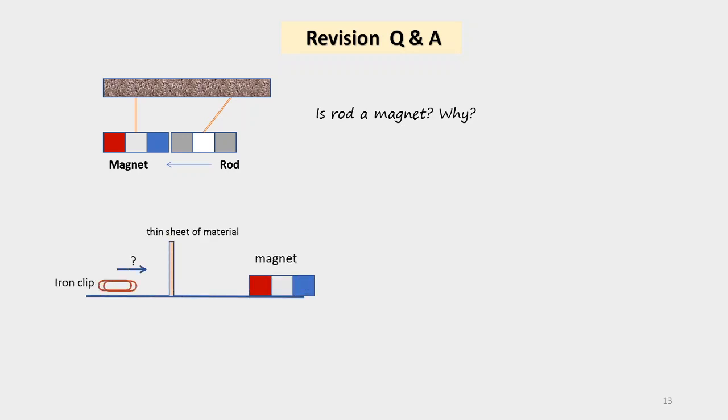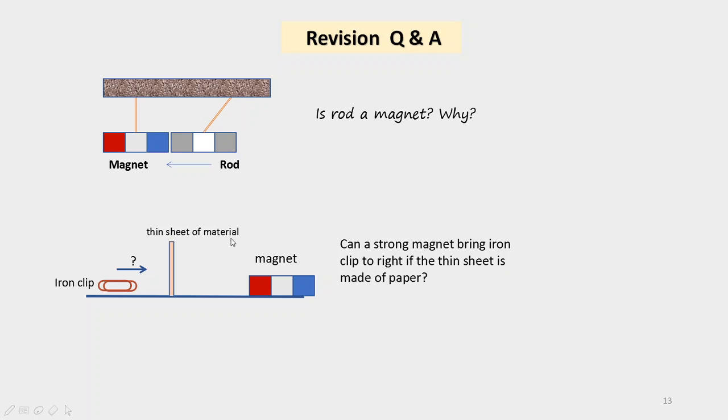Okay, look at next picture. There is an iron clip sitting on the floor, and there is a thin sheet of material. Also, there is a magnet resting on the floor. The question is, can a strong magnet bring the iron clip to the right if the thin sheet is made of paper?